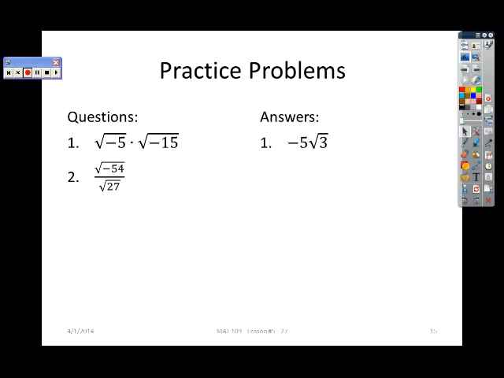Because in the first problem, number 1, we really couldn't simplify these, either one of those. But when we combine them, there is a simplification that can happen. In this quotient, there is some simplification that can occur, but there's more simplification if you combine them first.